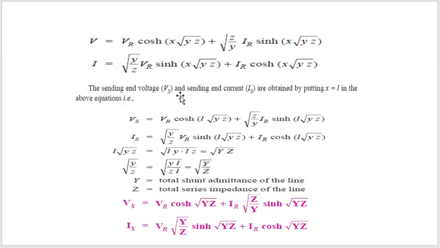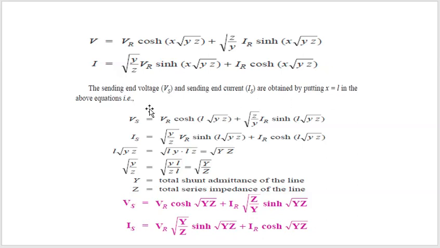Now the sending end voltage Vs and the sending end current are obtained when we put x is equal to L, where L is the entire length of line. In the start we have selected a distance x from the receiving end, and if we put x is equal to L, it means that we are considering the whole line from the receiving end to the sending end.